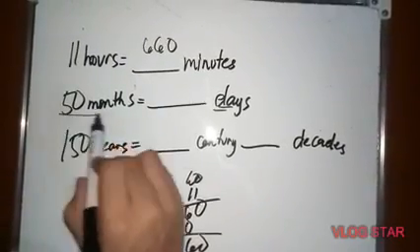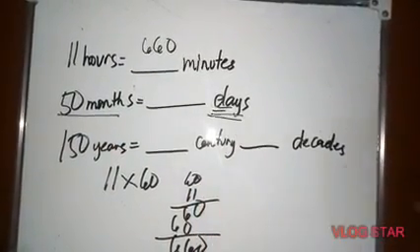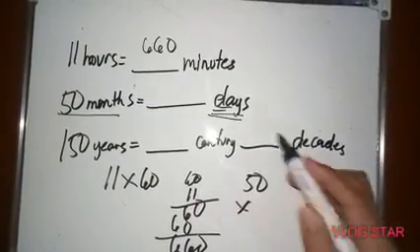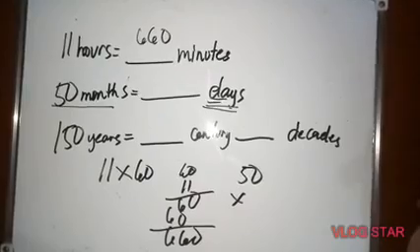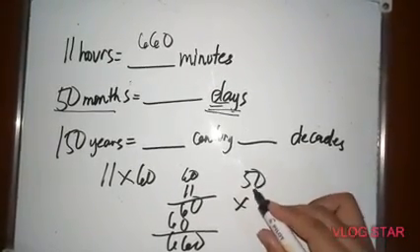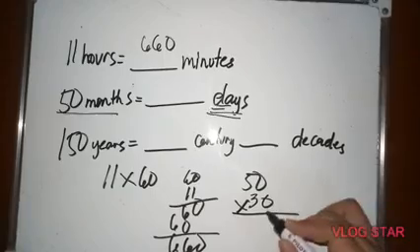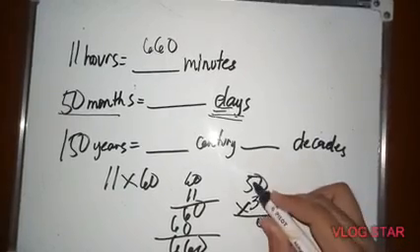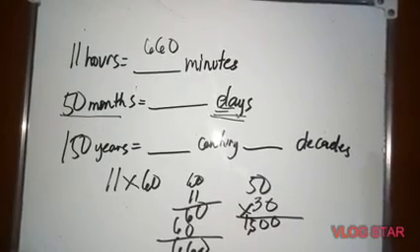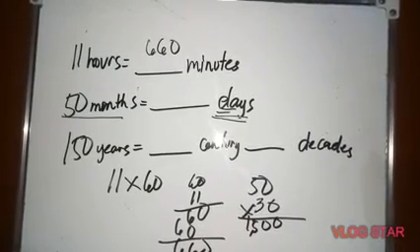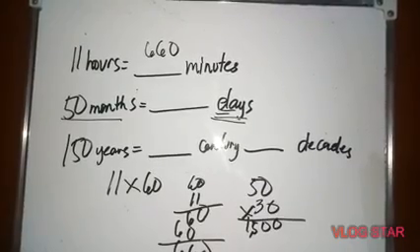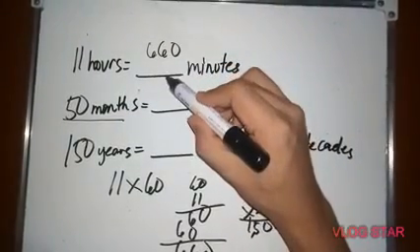Since you have 50 months and you want to convert it to days, 50 times how many days are there in 1 month? So 30. 5 times 3 is 15. So for 50 months, there are 1,500 days.